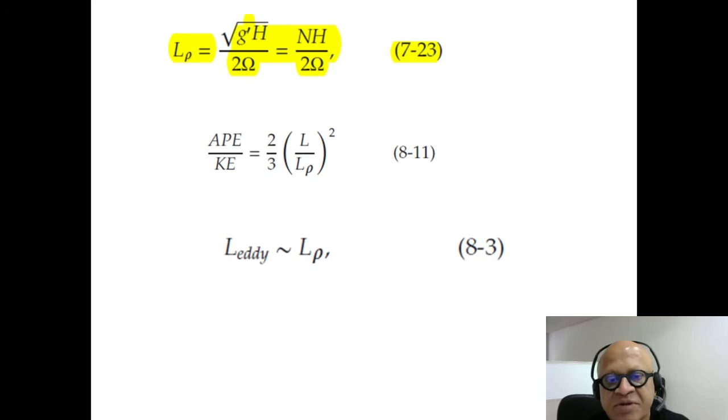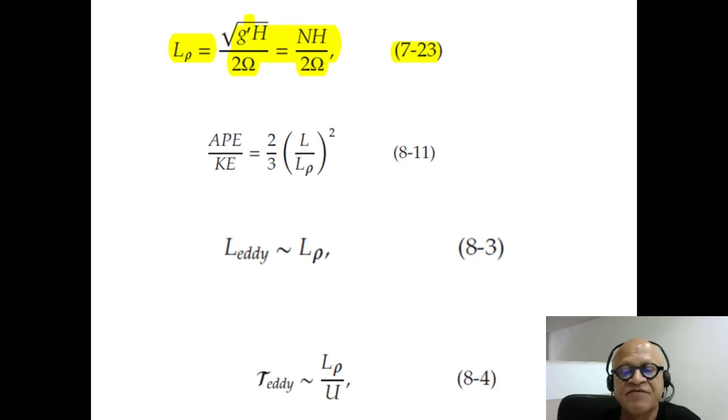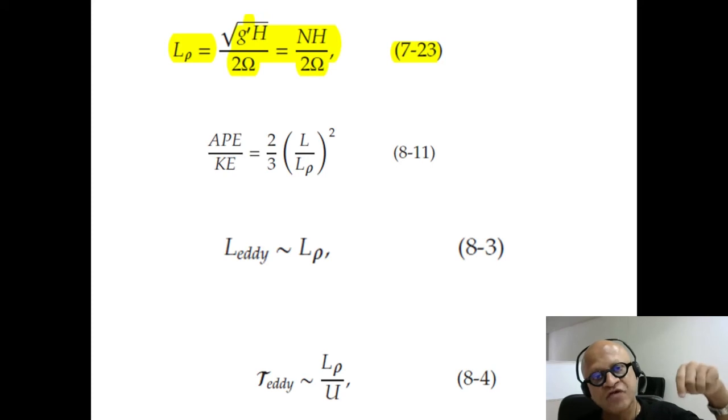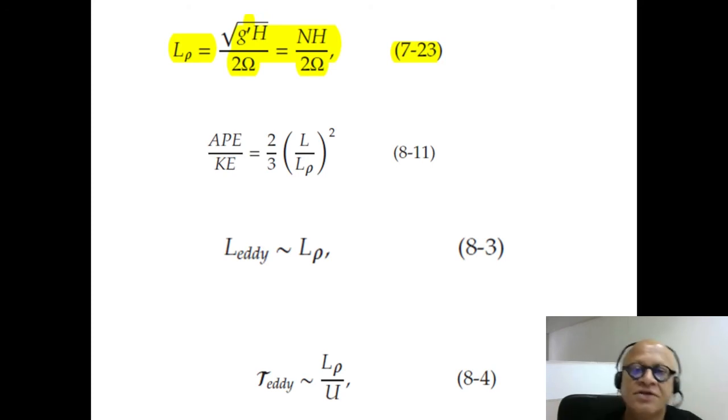The same concept appears in the ocean as well, and the scale of the eddies generated by the release of this potential energy is determined by the Rossby radius of deformation, where the rotational forces are balancing the stratification effects, right? And we also looked at the growth rates of eddies from instabilities in the atmosphere.